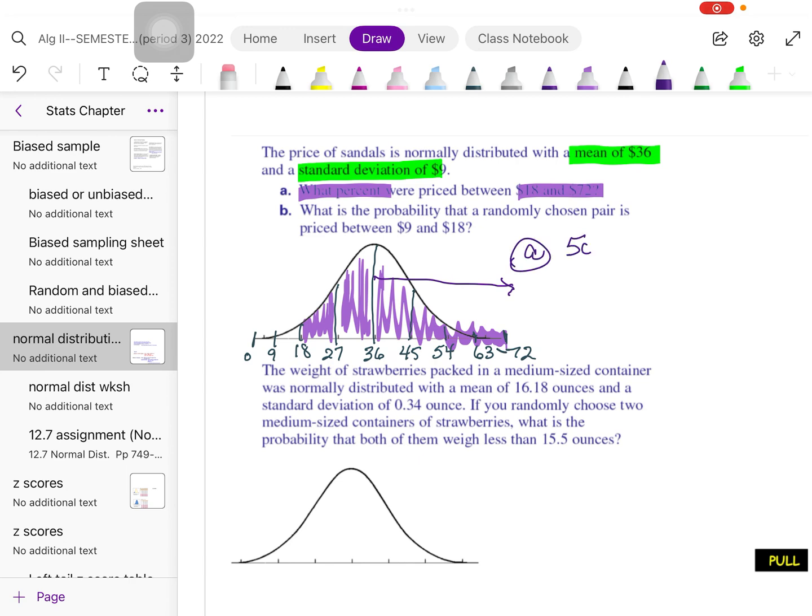So for A, I'm starting with 50% of my data. And then between the mean and 1 deviation is 34%. And between 1 and 2 deviations is 13.5%. So when I add all that up, I get 97.5% of the data.